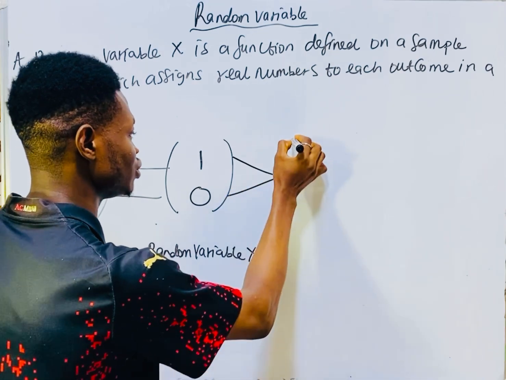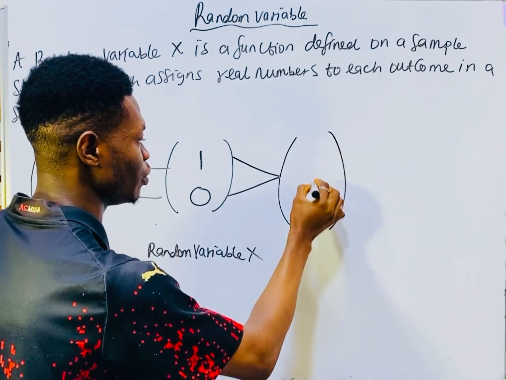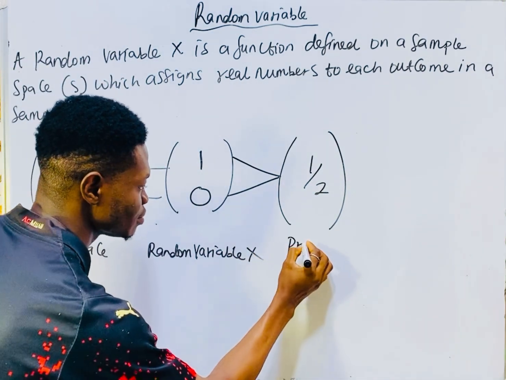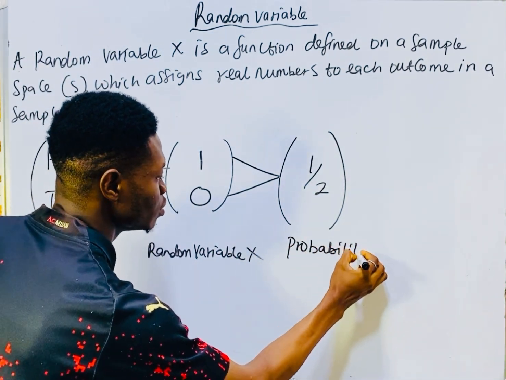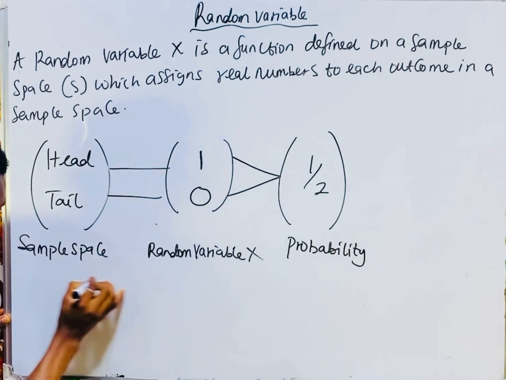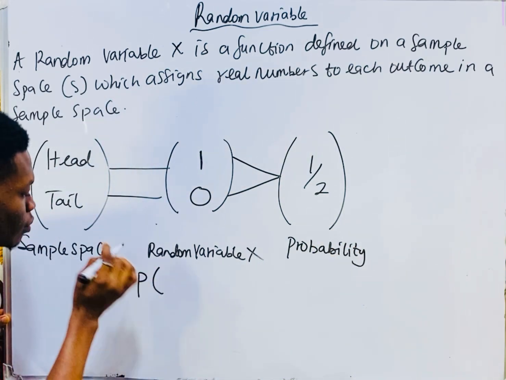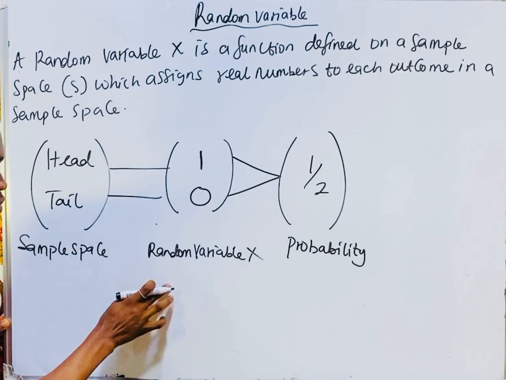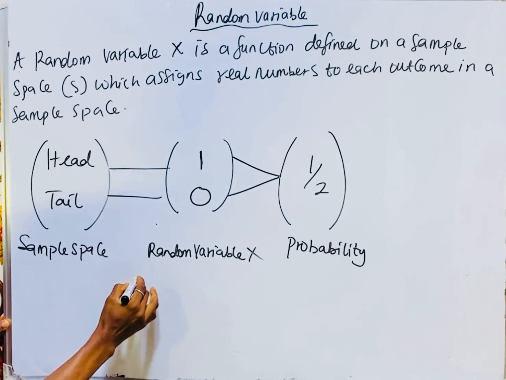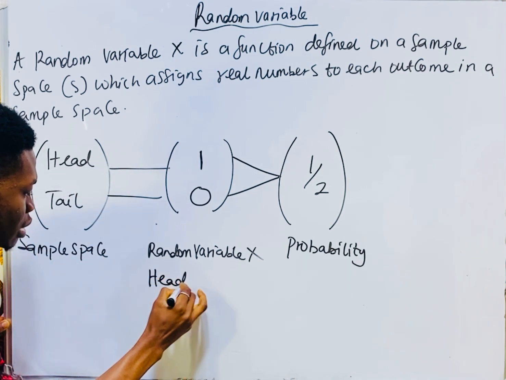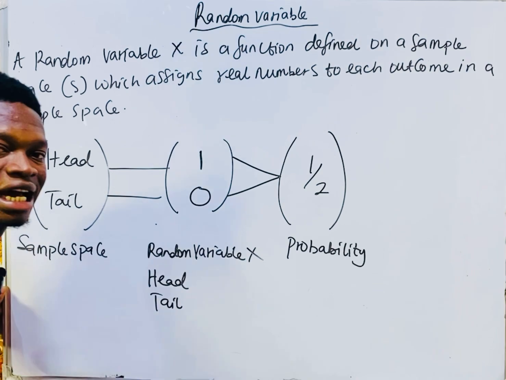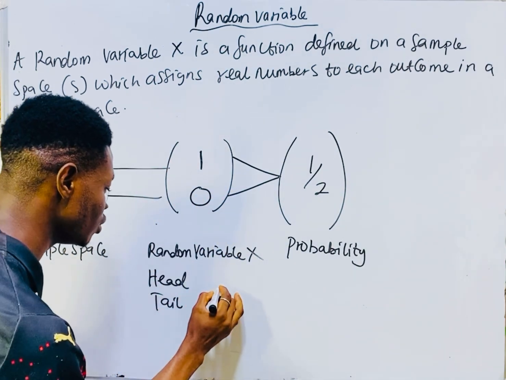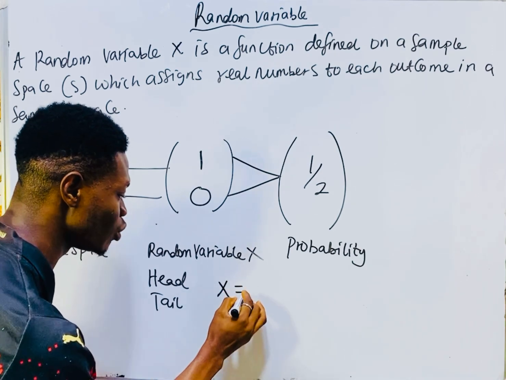The probability associated with this will be 1 over 2. Now let me explain this. This one is probability. So if I have a head like this, and I have a tail, and I decide to assign a real number to this, I will just say that my x is 1.